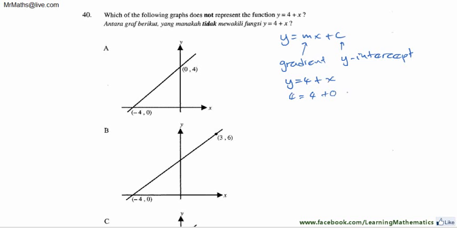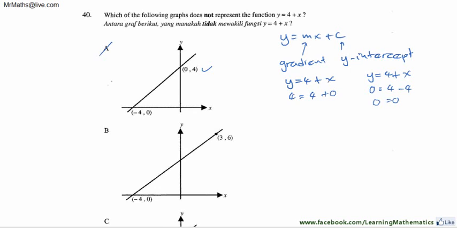Yeah, that looks correct. Okay, this point looks correct. What about that point, minus 4? Then x is minus 4. Let's put y equal to 4 plus x. Y is 0, 4, x minus 4, minus 4. So that is 0 equal to 0. So correct. So A is the answer here.